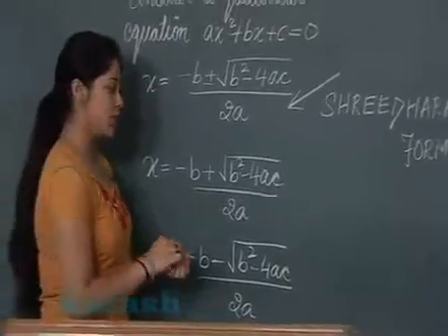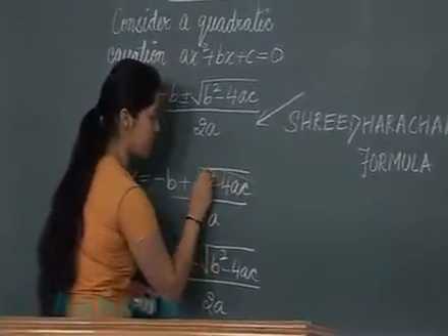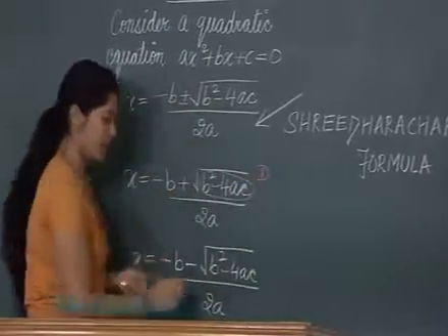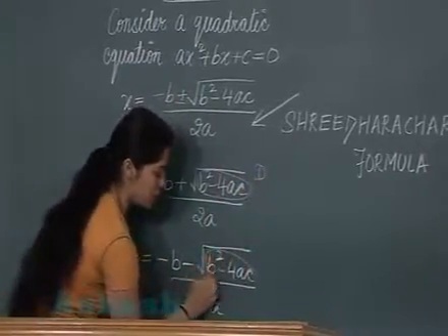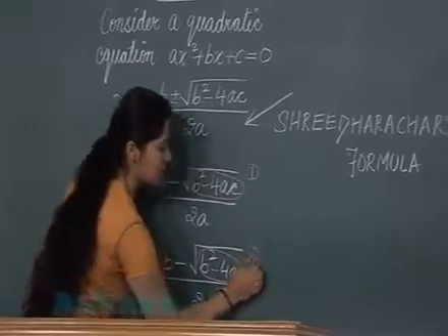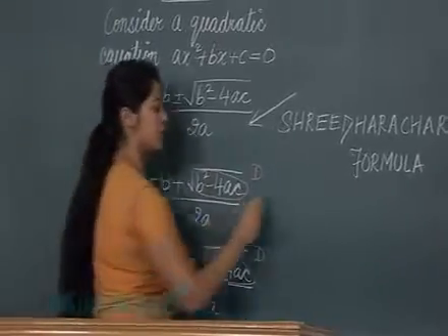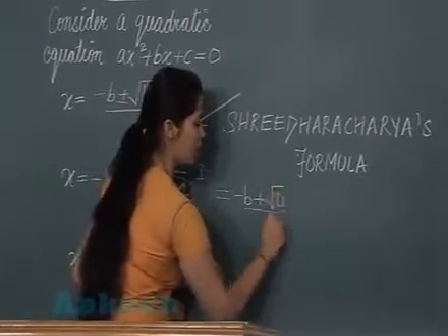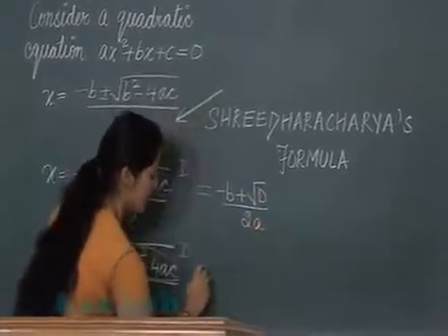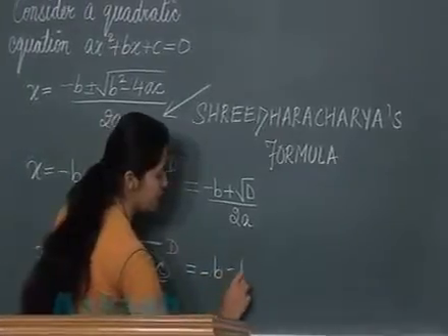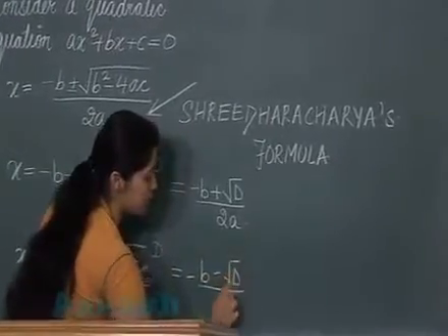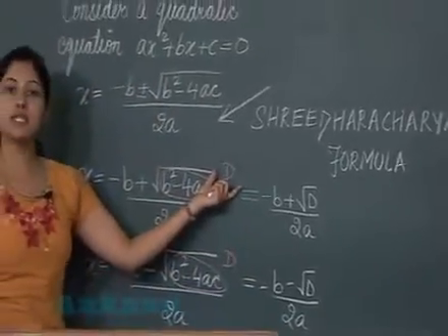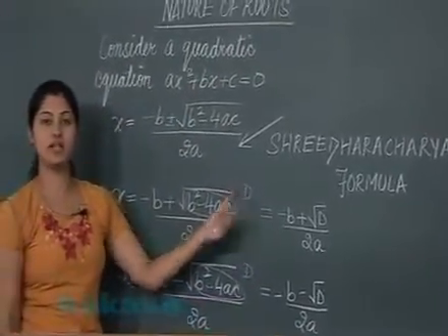Now students, we denote this b square minus 4ac by capital D. So the roots become minus b plus root D upon 2a and minus b minus root D upon 2a. Now this capital D is known as the discriminant.